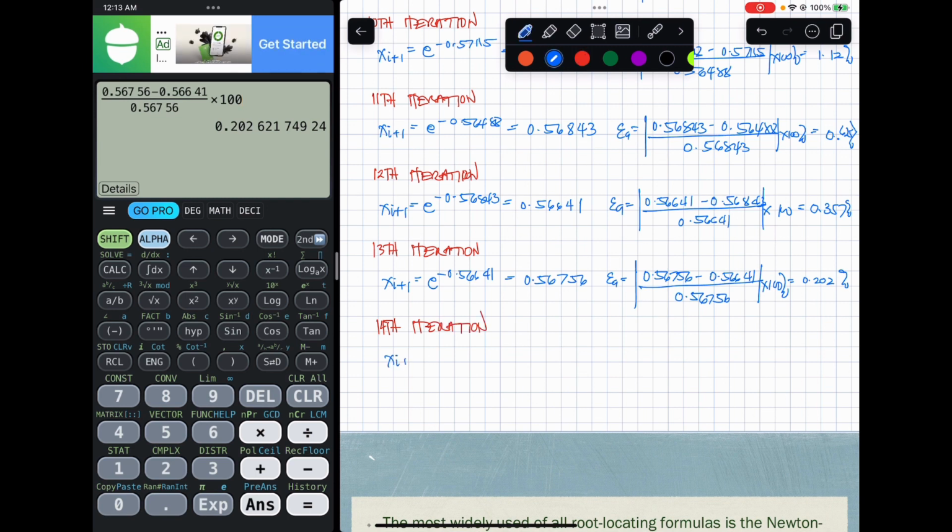So x sub i plus 1 is equal to e raised to negative 0.56756, so it is 0.56691.